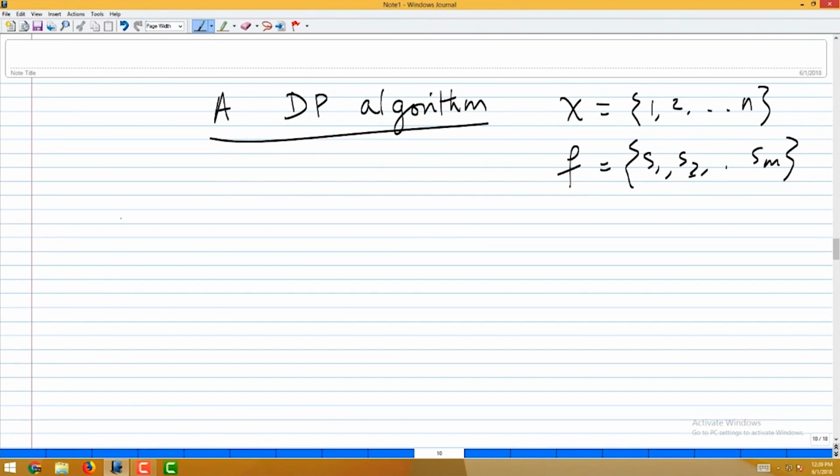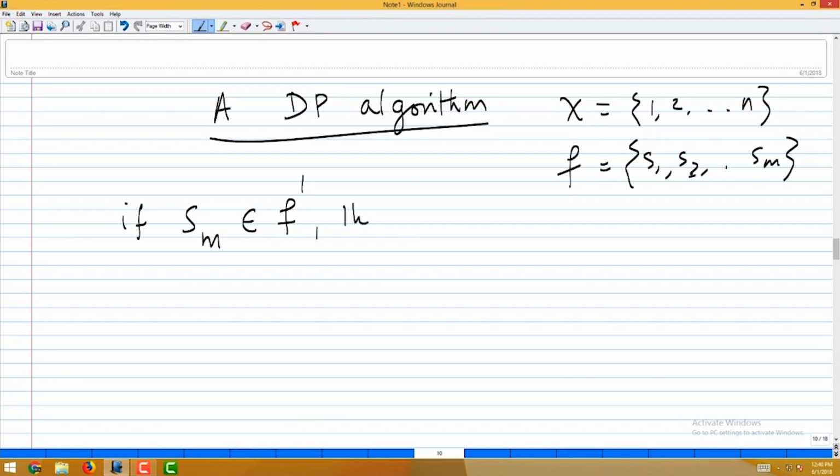Okay. So, if Sm is in my final optimum solution. Okay. So, the final Sm may or may not be in my optimum solution. If it is in the optimum solution, then can you tell me what about the remaining? What are they trying to do? What is the optimum substructure there?